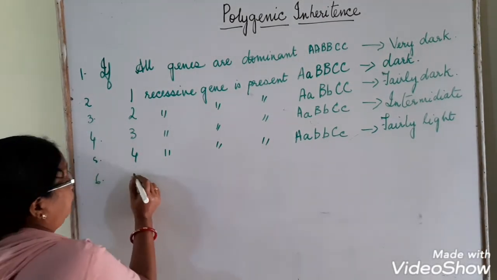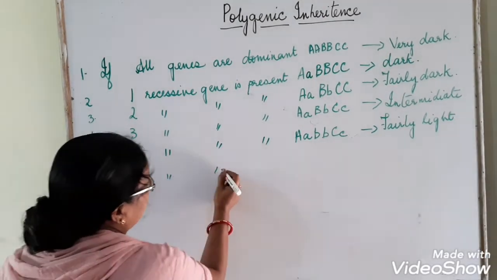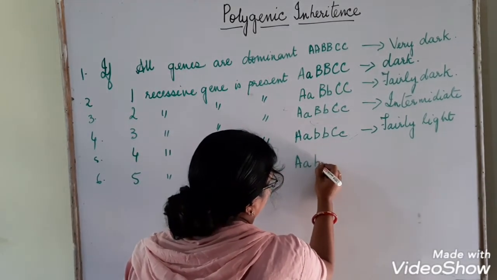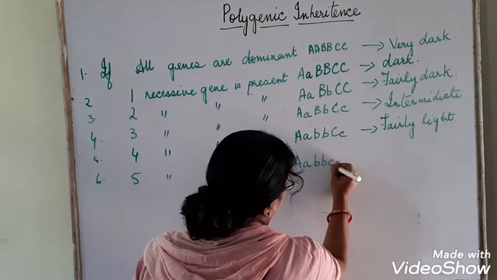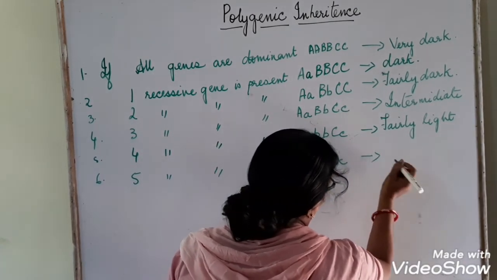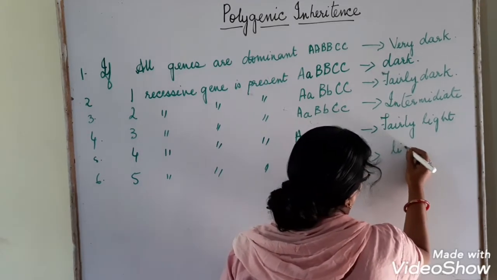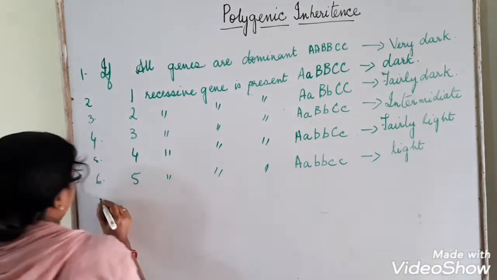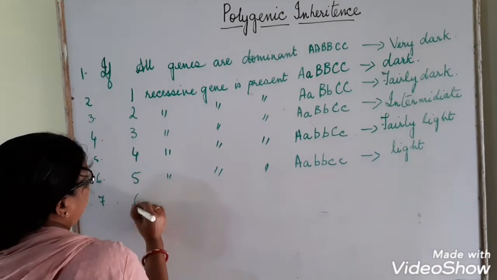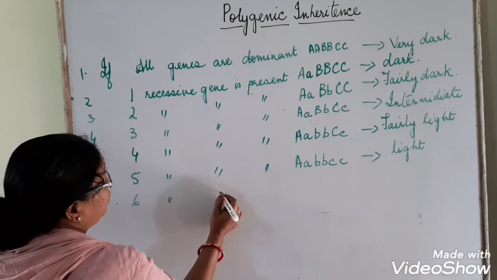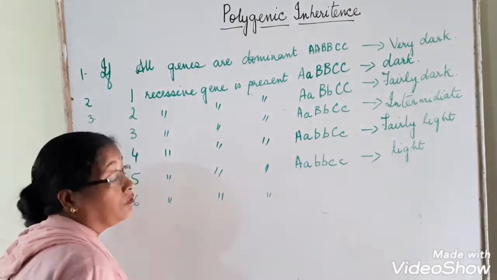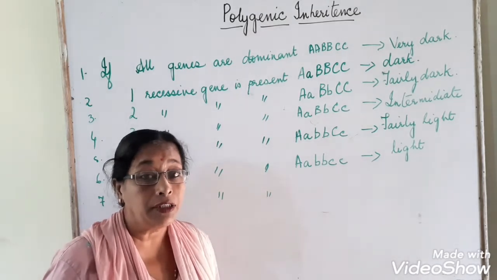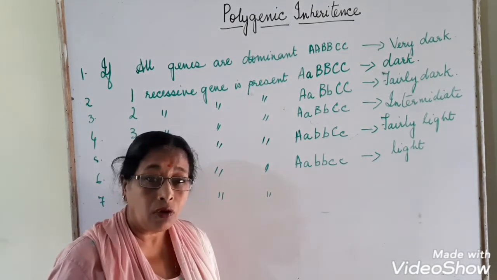Now let's see if five recessive genes are present. This is light. And if six, that means all the genes are recessive, then the color is very light, means very fair, almost white.